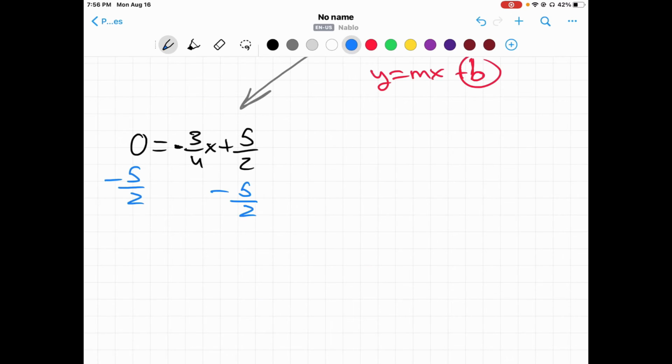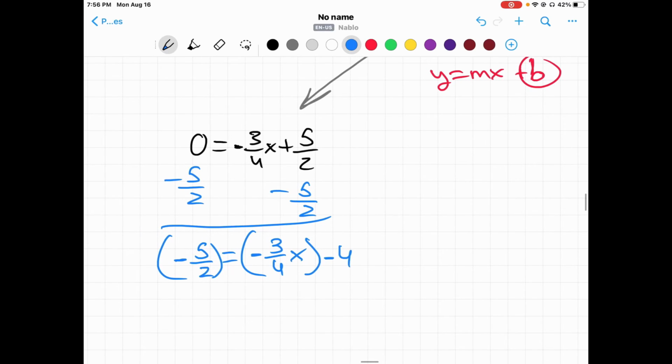Okay, so now we're going to subtract 5 over 2 from both sides to isolate the x. And we get negative 5 over 2 equals negative 3/4 x. Now we're going to multiply both sides by negative 4 to cancel out the fraction and the negative on the right hand side.